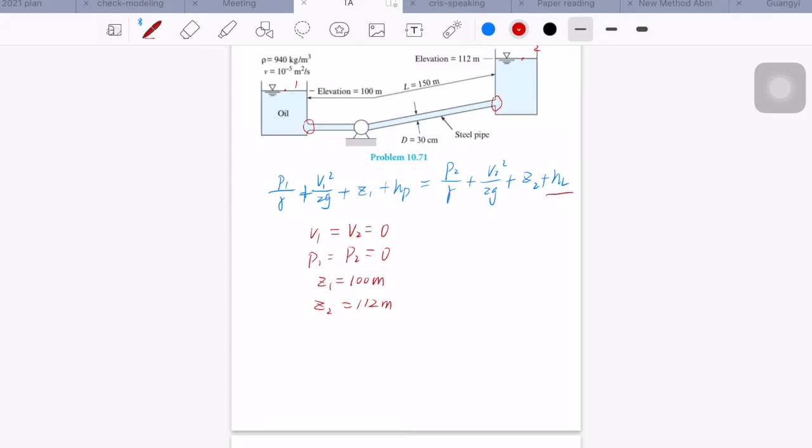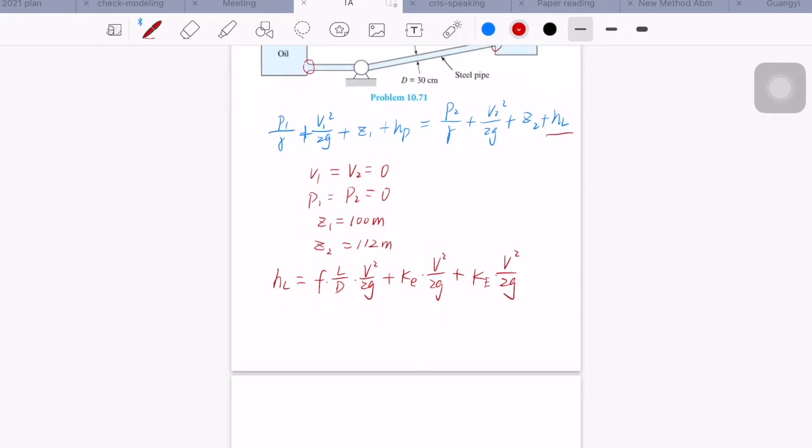So the total head loss HL should be equal to the pipe head loss, F times L over D times V squared over 2g, plus the minor head loss for the entrance, the coefficient KE times V squared over 2g, plus the uppercase K E times V squared over 2g.